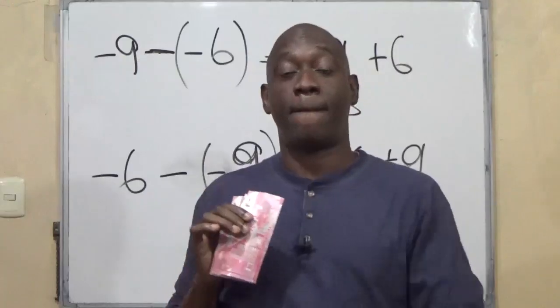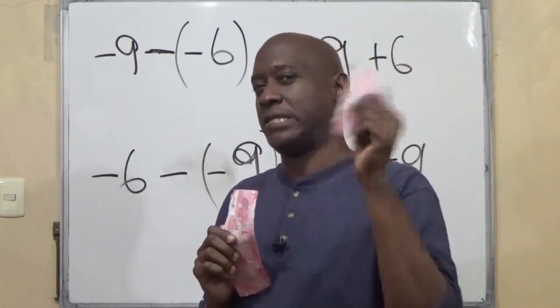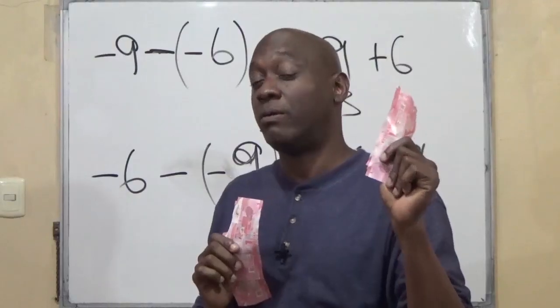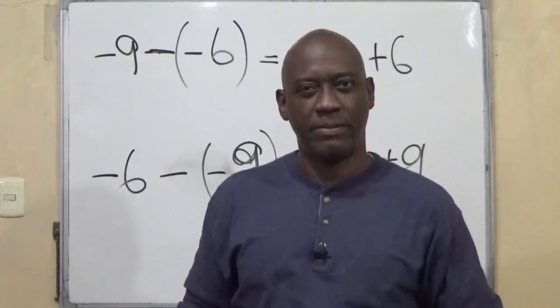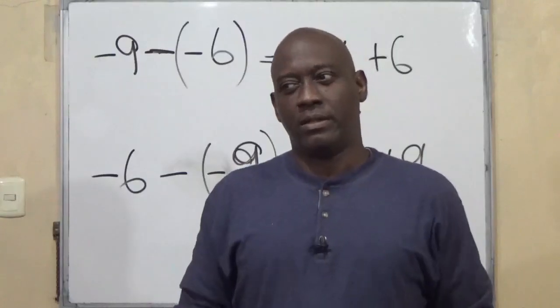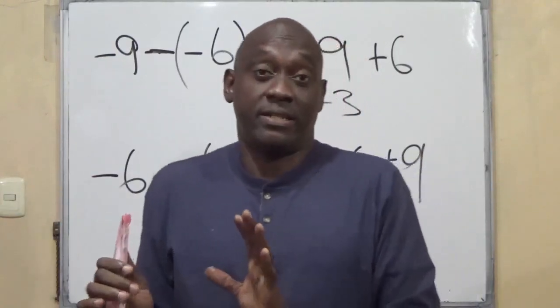The 6 come back, and you have 6 plus 3 is 9. So you now have an extra 3 that you didn't have before as a result of the 9 coming in, subsequent to the loss of the initial 6.